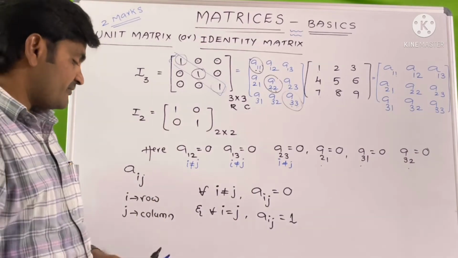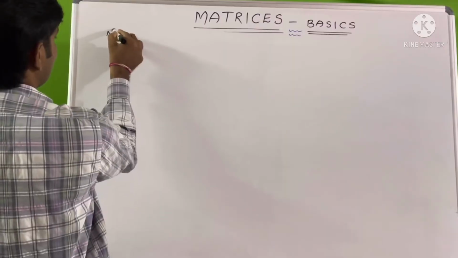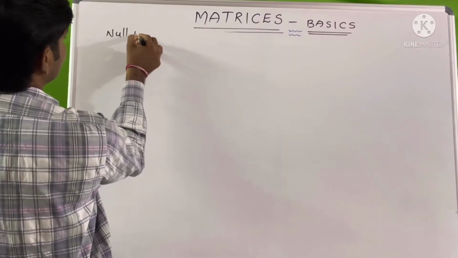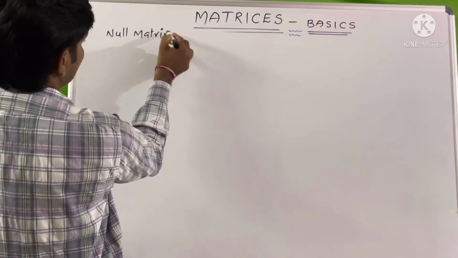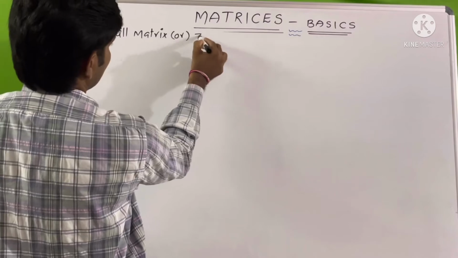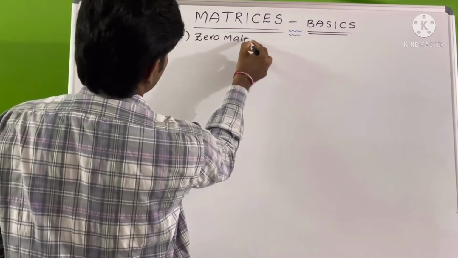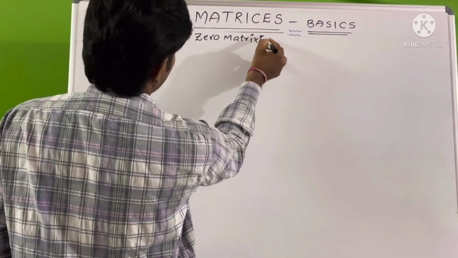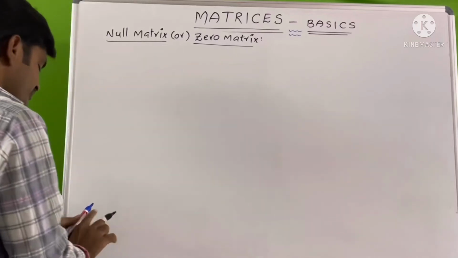Now the next definition, null matrix or zero matrix.